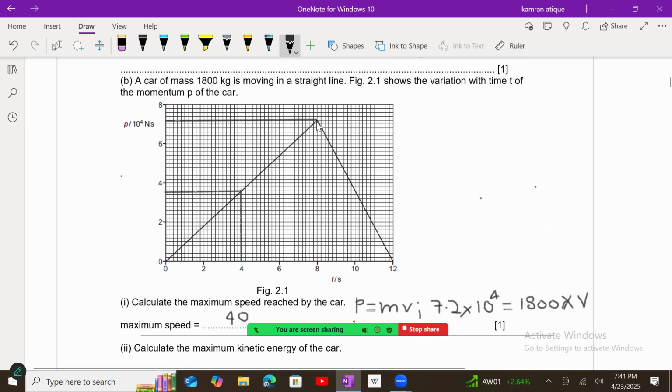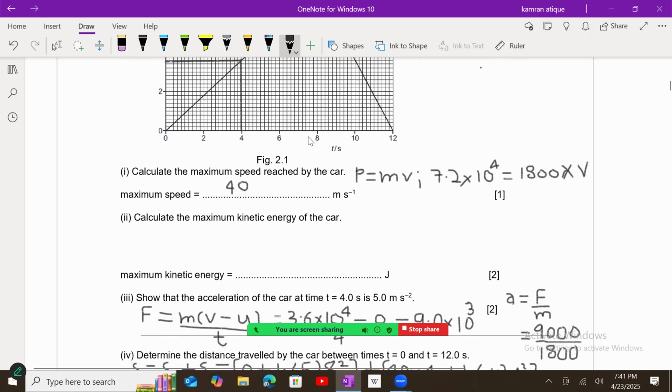Similarly, for distance S2, the initial speed should be taken from 8 seconds and the ending speed from 12 seconds. And as we know, the object is once again coming towards rest, so its final speed is 0 this time. But the initial speed was calculated by us in part 1 as 40.